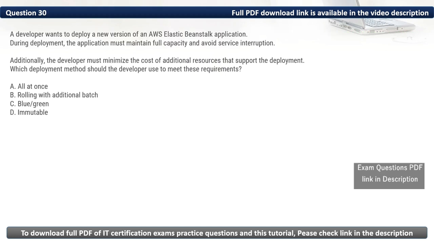Question 30. A developer wants to deploy a new version of an AWS Elastic Beanstalk application. During deployment, the application must maintain full capacity and avoid service interruption. Additionally, the developer must minimize the cost of additional resources that support the deployment. Which deployment method should the developer use to meet these requirements?